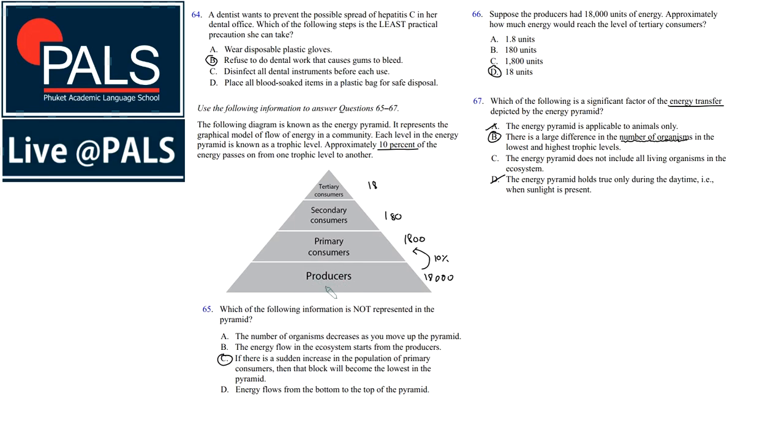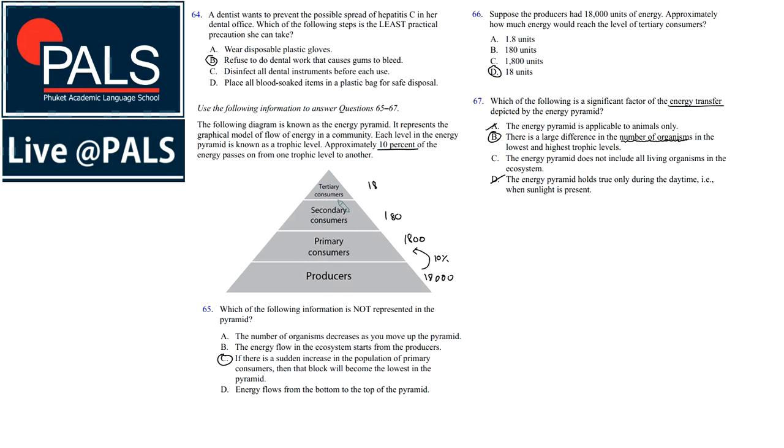If we think about the producer level, if we're talking about huge big trees here, and then some kind of consumer level, maybe very small insects, then obviously a single tree holds a lot more energy than a small insect. So talking about numbers of organisms is always problematic, but usually that is correct.